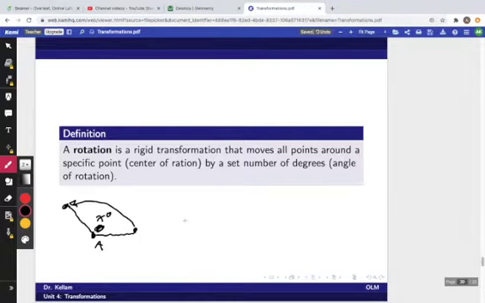The way we denote this is r, lowercase, the degrees, and then the point that we're rotating around.